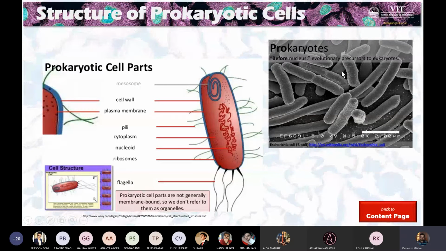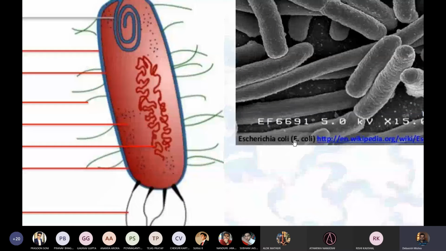This is how the bacterial cells look, if it has a capsule, and remember this bacteria is called Escherichia coli, E. coli. This is the generic name or genus name. Often we abbreviate it and keep a capital E and a dot.